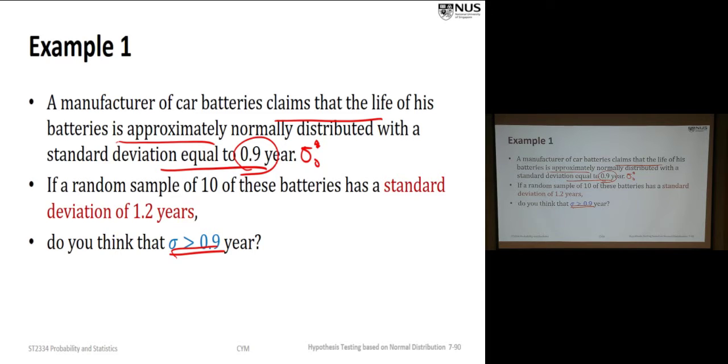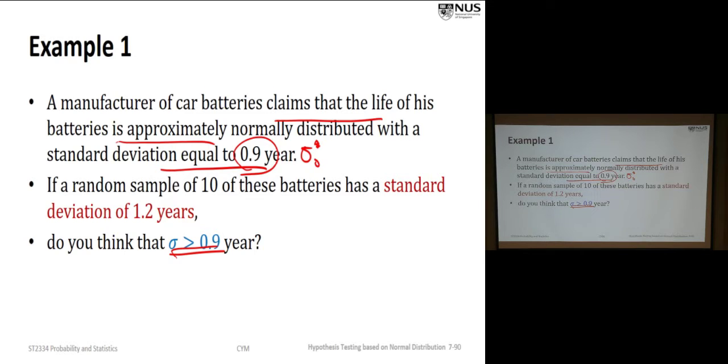So it depends on what you see here. As a manufacturer, if we find out that the battery life variation is bigger than 0.9, then I don't like it. If you're lucky, you will get one with a longer battery life. But because the variation is big, you may get a battery which is much shorter than the expected value.